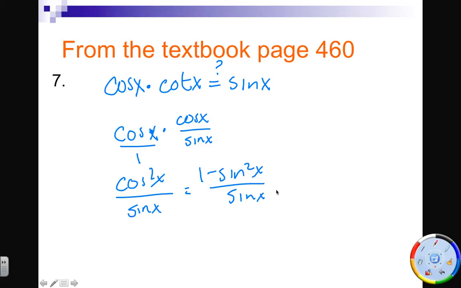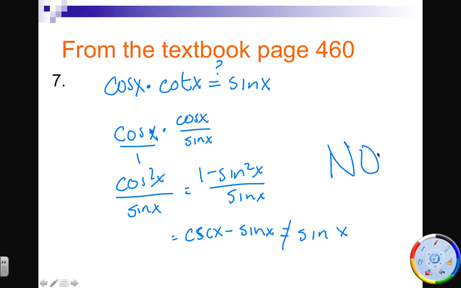Oh, maybe some stuff will cancel here, but 1 over sine becomes cosecant, minus sine over sine is sine. Oh, that doesn't look like it simplifies at all, and in this particular case, it's not going to. So this would be a no. There's no way that left side simplifies down to sine of x.